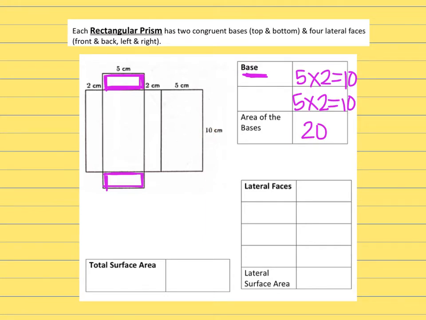So I'm just going to fill that in. There's a 10, there's a 10, there's a 10. And this portion all the way from the left side, front, back, right side, this is the lateral space.